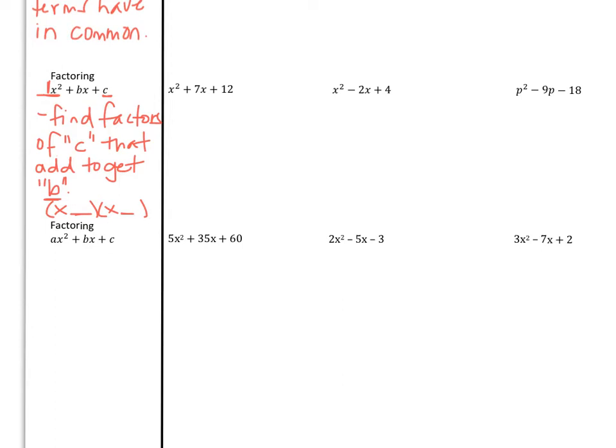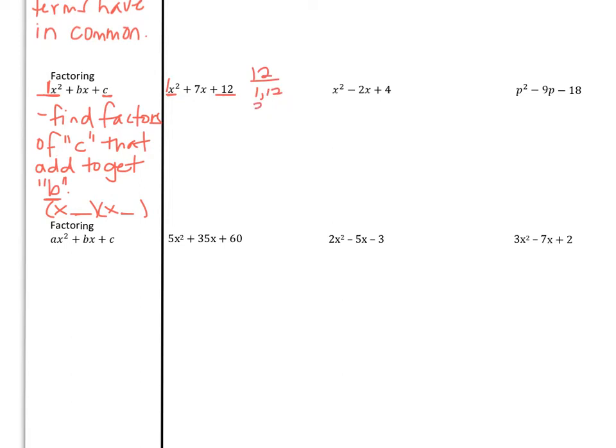In our first example, we have x squared plus 7x plus 12. Notice for our x squared term, there isn't a number in front, so it defaults to 1. That means we're going to go for factors of c, factors of 12. Well, there are lots of factors of 12. We could do 1 times 12.